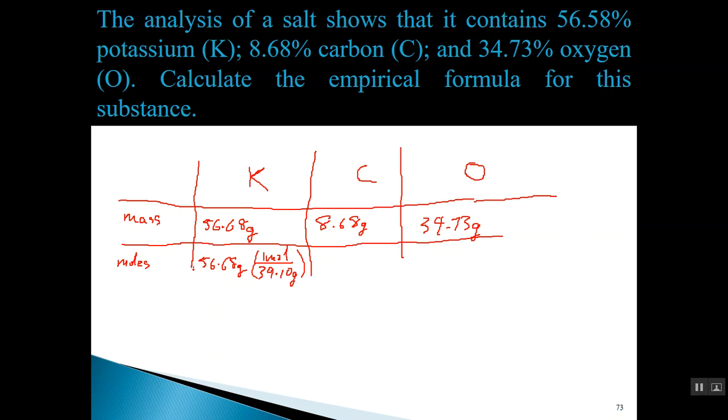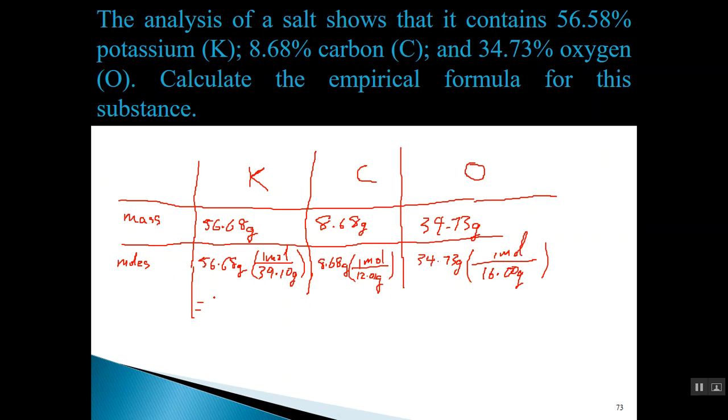And I do the same thing for the others. In the case of carbon, 8.68 grams multiplied by 1 mole over 12.01 grams. And finally, in the case of oxygen, 34.73 grams multiplied by 1 mole over 16.00 grams.